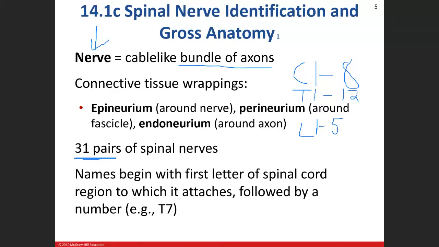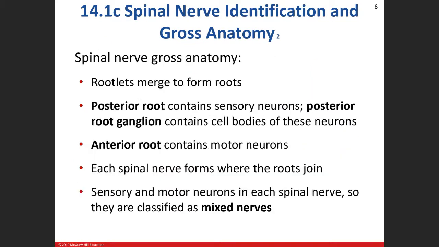In the remaining ones, we have the sacral. Believe it or not, we have coccygeal. I can't spell that. Sorry, guys. I'm not even going to try. I apologize.